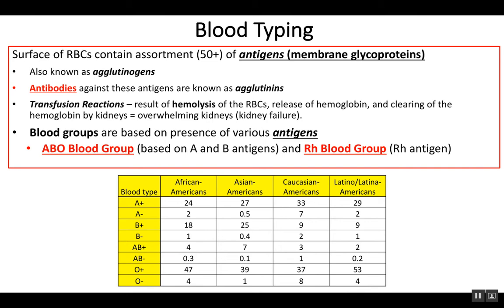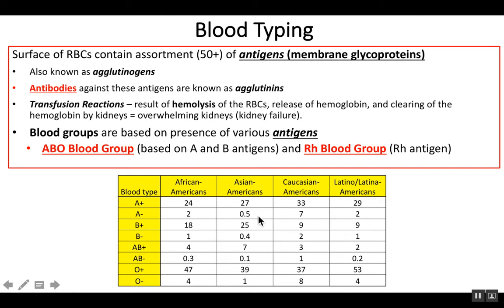The ABO blood group, which is based on two antigens, A and B. So individuals might have A, they might have B, they might have both A and B, or they might have neither A nor B. The other blood group we're going to talk about is called the RH blood group, which revolves around one more antigen called the RH antigen, or sometimes it's called the D antigen.